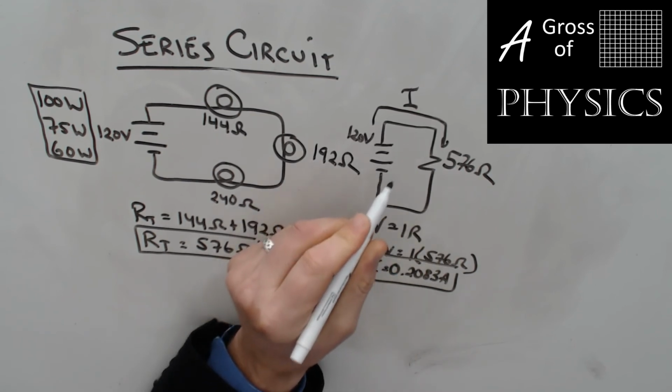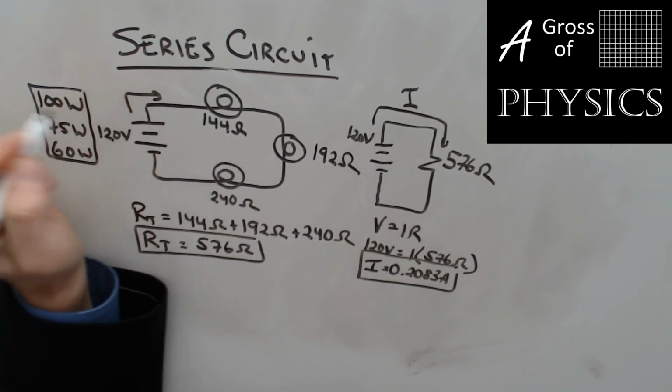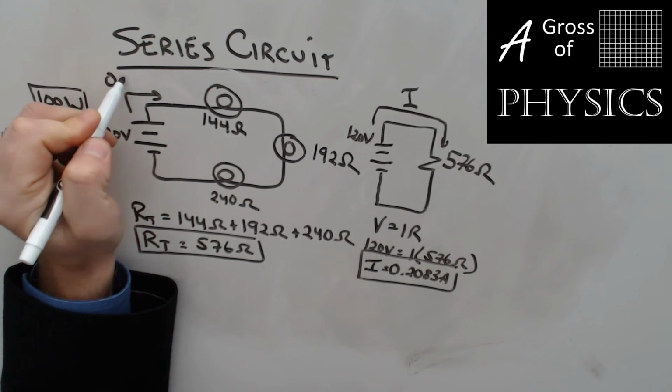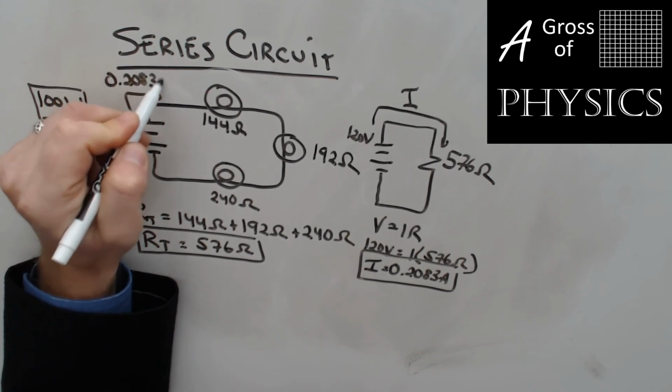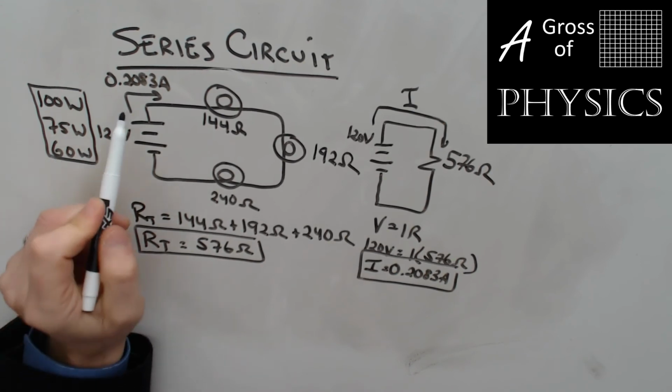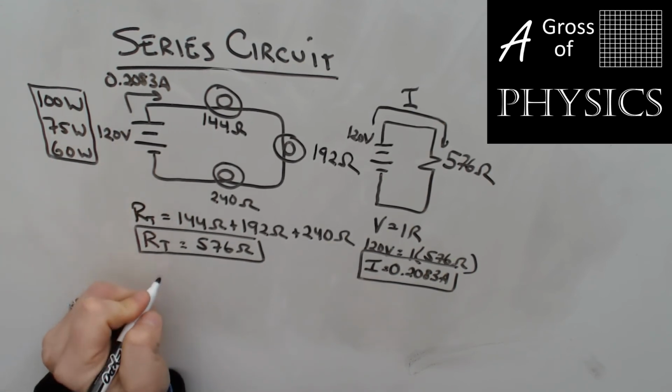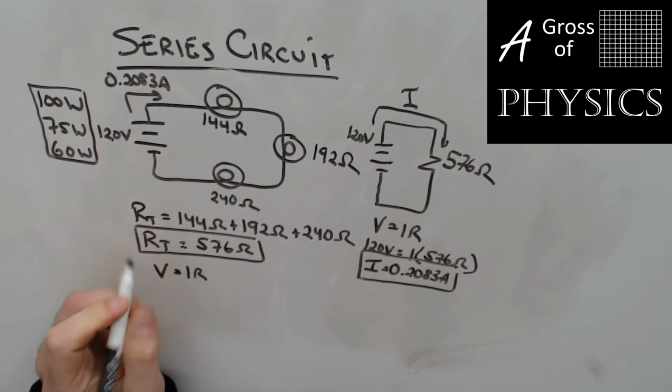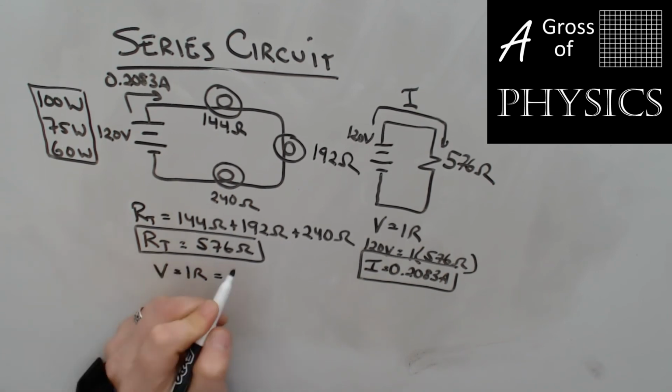So the current here and the current in the original circuit, 0.2083 amps, will be the same. Now, if we have the current, we can do V equals IR to find the voltage drop through each of the resistors.